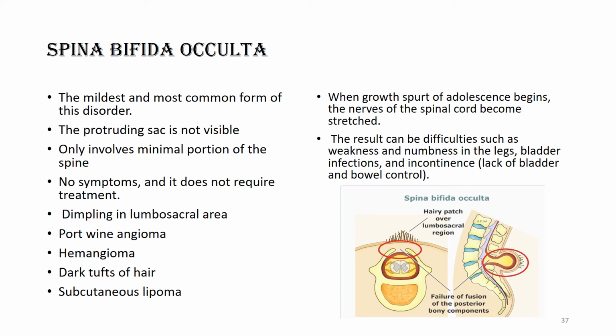The mildest is the spina bifida occulta, and it's not obvious if a child has this. The protruding sac is not visible, and it only involves a little tiny portion of the spine, and usually the book calls it dimpling in the lumbosacral area, where you might see a rectal cleft or a rectal dimple.